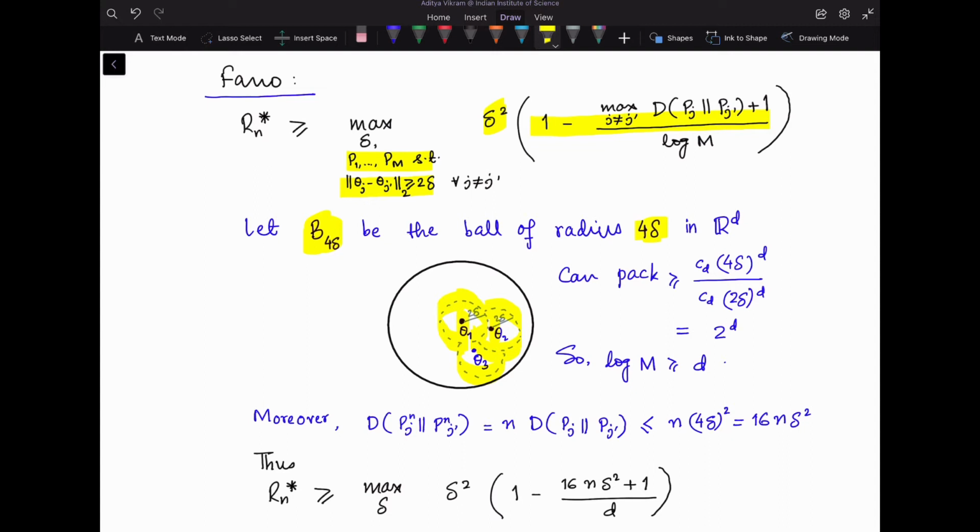So this is called packing. You want to pack as many points inside this ball of radius 4 delta as possible, such that the distance between any two points is at least 2 delta.